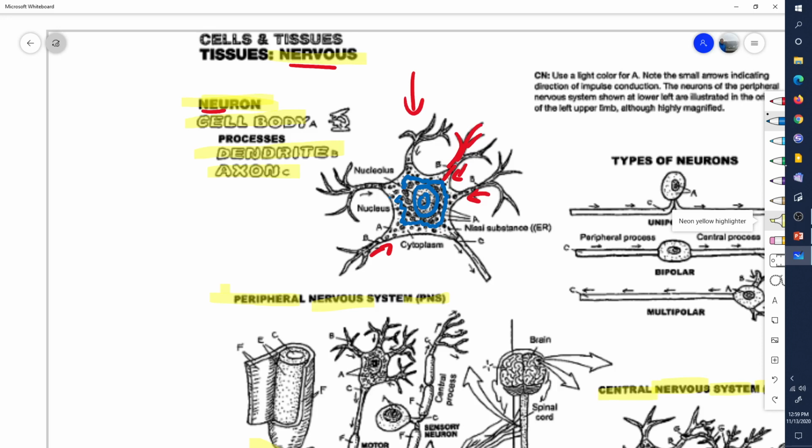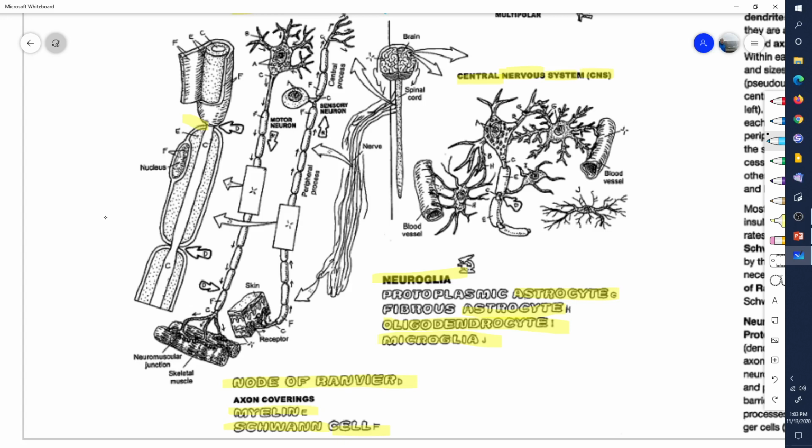And the second important part, other than dendrites, the dendrites here that carry the electrical signals inward, is the axon. The axon is this long, skinny part of the cell. It's still part of the cell that carries the electrical signal outward to where it needs to go. Let's say to your toe. Let's say to your fingers. Taking a closer look at the neuron.